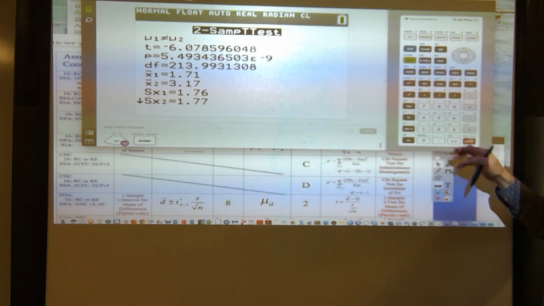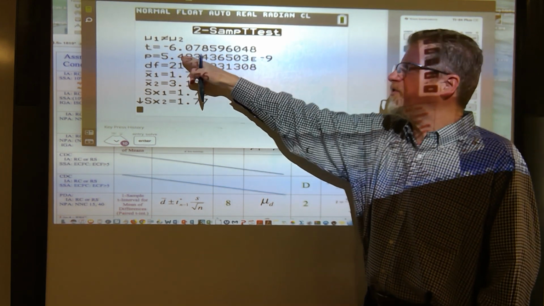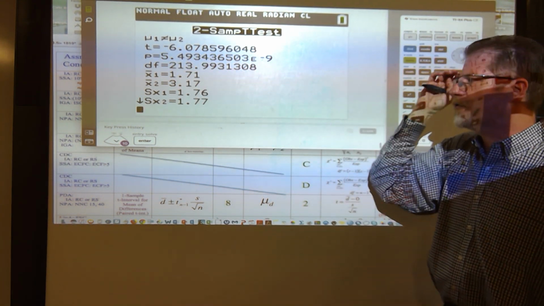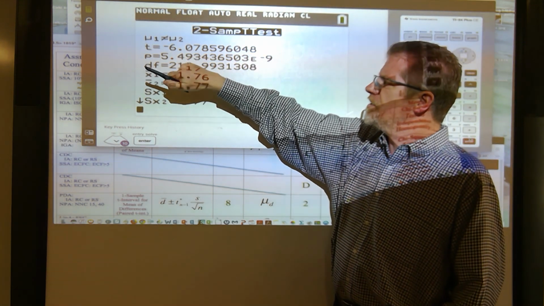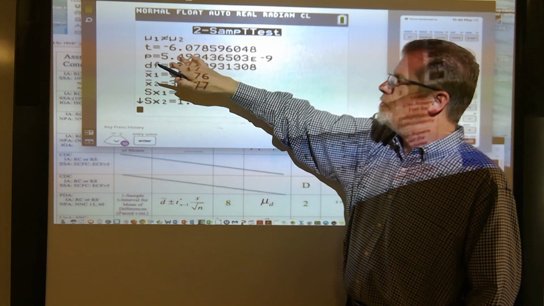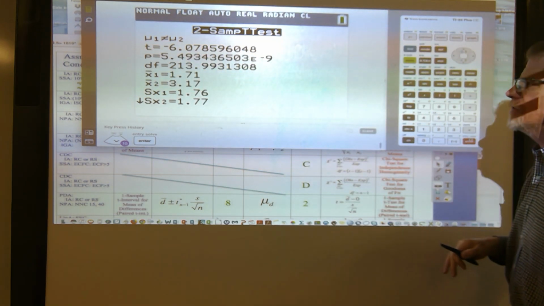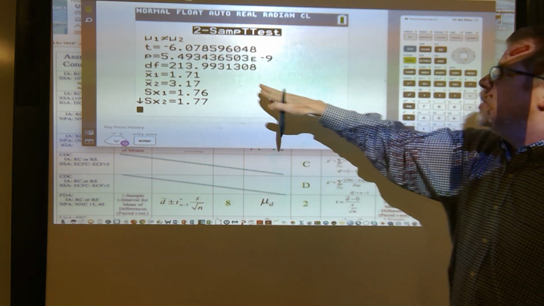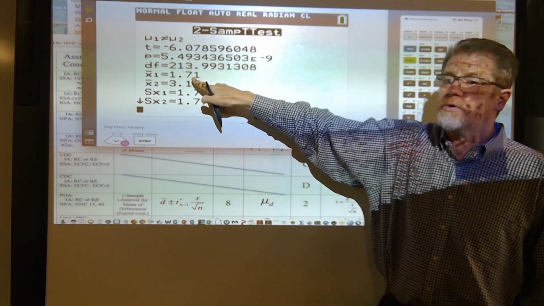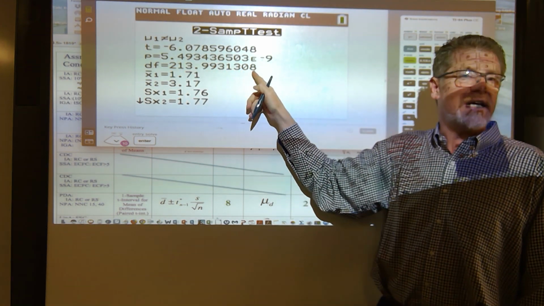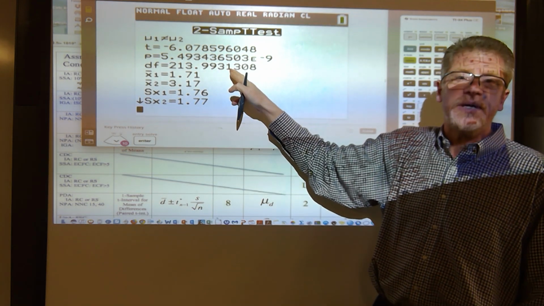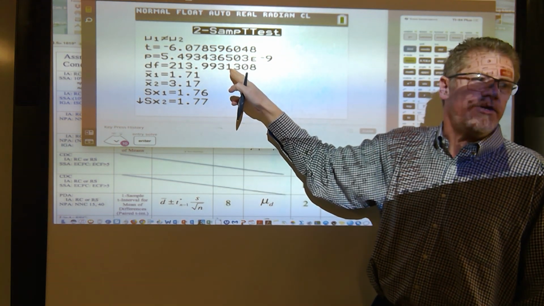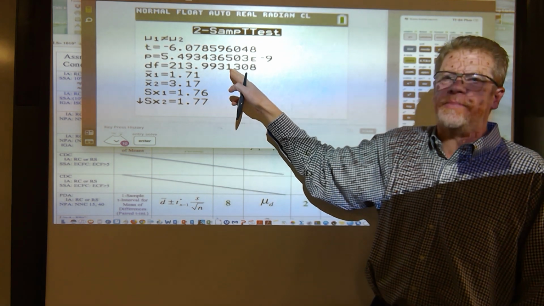The way we interpret that is that the probability is very small that we would observe a difference in means as extreme or more extreme than what we observed due to natural sampling variation alone. Notice the degrees of freedom, 214, comes from technology. If you wrote 213.9931, that would be even better. No one's asking you to use some sort of n-1 formula to get this.